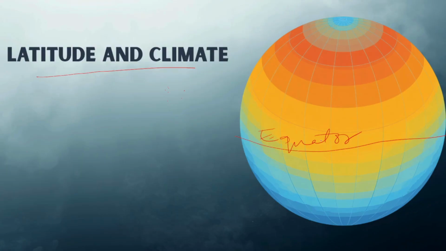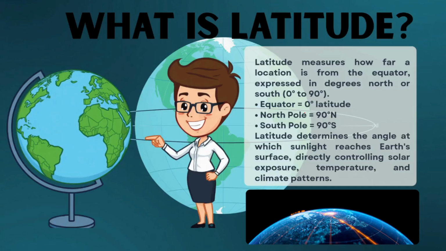As we move towards the poles, this is the North Pole and this is the South Pole, as we move away from the equator, the temperature decreases because sunlight reaches the earth at a slanting angle.